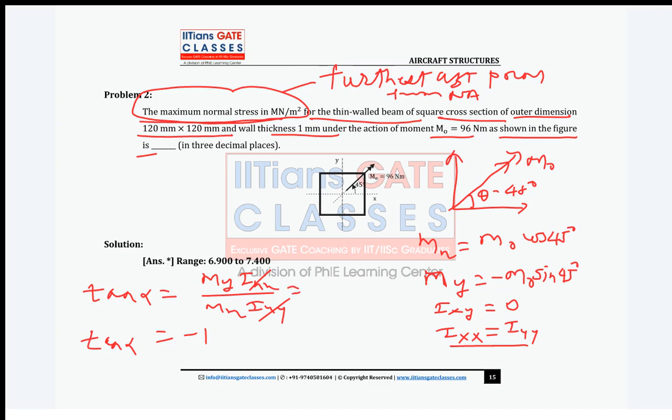Why minus 1? Because it is minus M naught sin 45 upon M naught cos 45, right? Why, Ravi Teja, is it 1? It's minus 1, right?